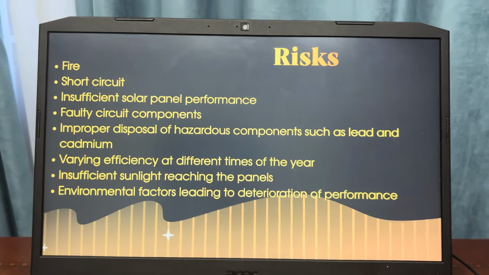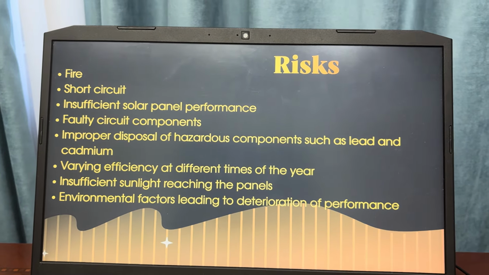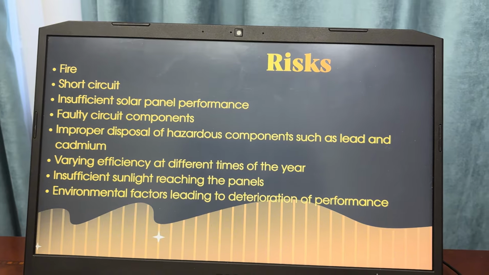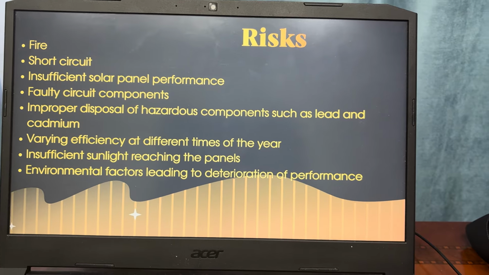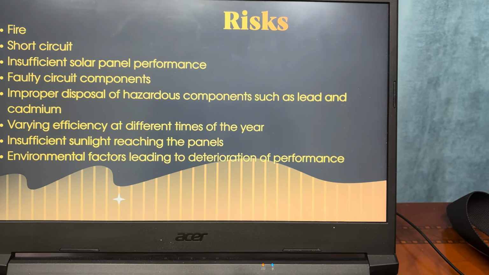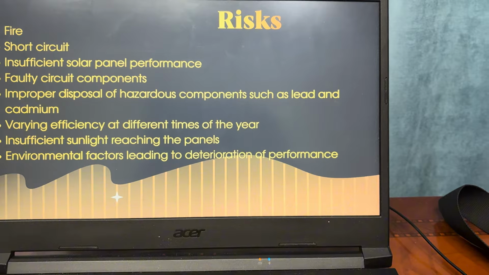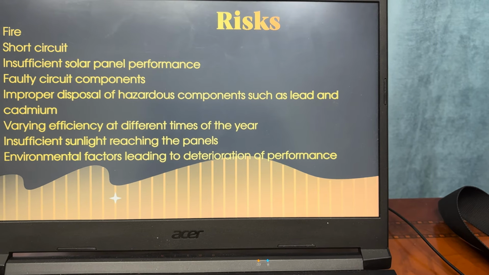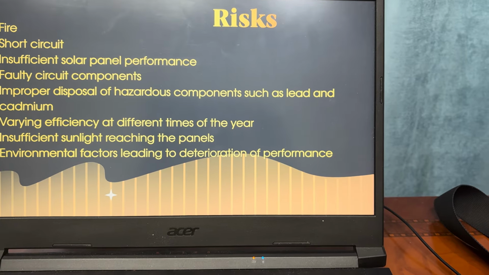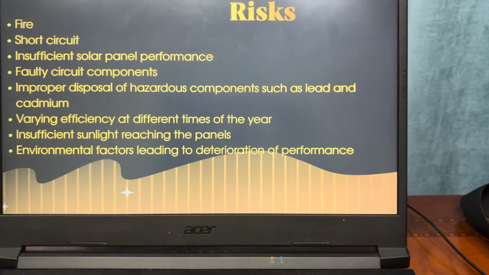And risks. First is fire, second short circuit, third insufficient solar panel performance, faulty circuit components, inappropriate disposal of hazardous components such as lead and cadmium, varying efficiency at different times of the year, excessive sunlight reaching the panels, and environmental factors leading to the deterioration of performance.